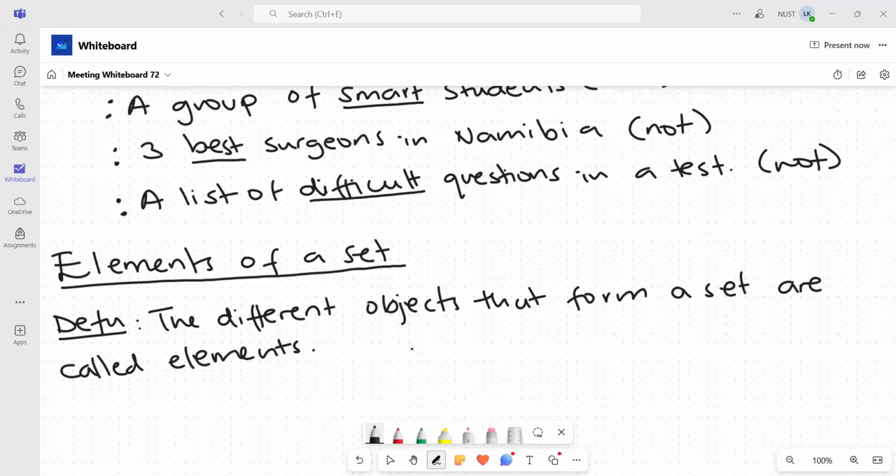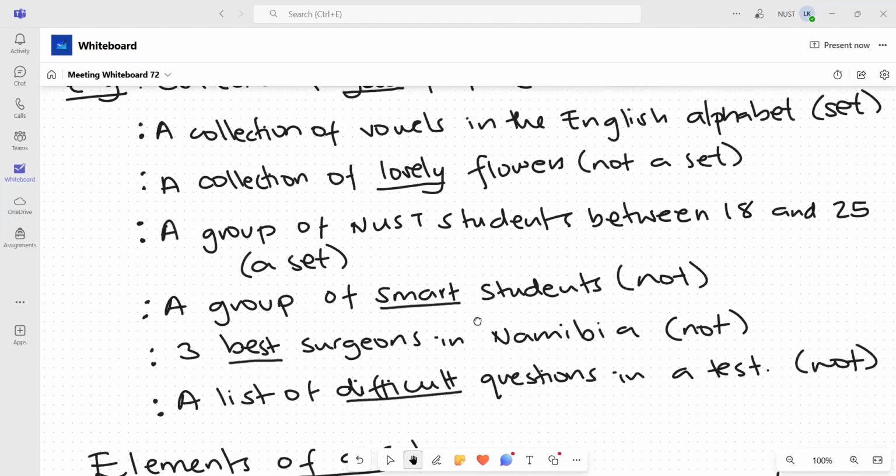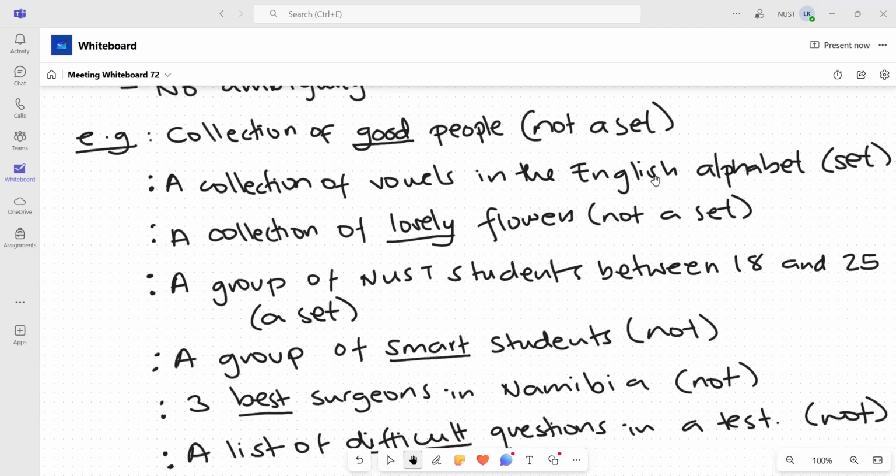If we look at our collections that were sets, we start with the collection of vowels in the English alphabet. A, for example, is an element of the set. E is an element of the set.